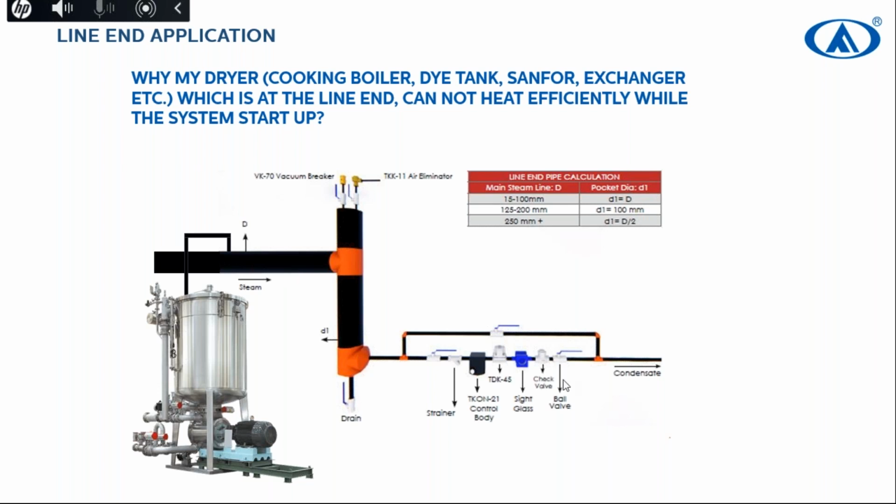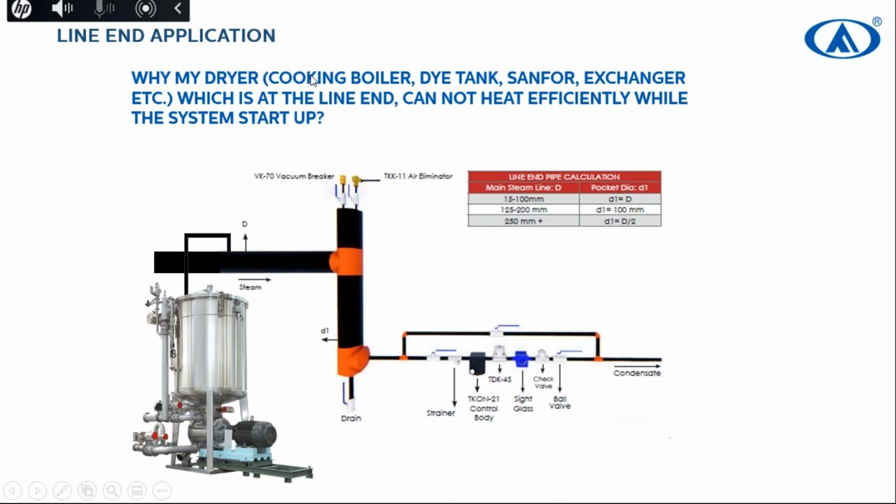This thermodynamic or bimetallic steam trap cannot discharge air properly, because the air will try to reach the top, and it will prevent the steam from reaching the steam trap and the machine. What you need to do is use an air eliminator in your system. First, a vacuum breaker to prevent vacuum, and then the air eliminator to prevent this air from facing steam. If you use these two pieces of equipment, you will have more efficient usage of this last machine.